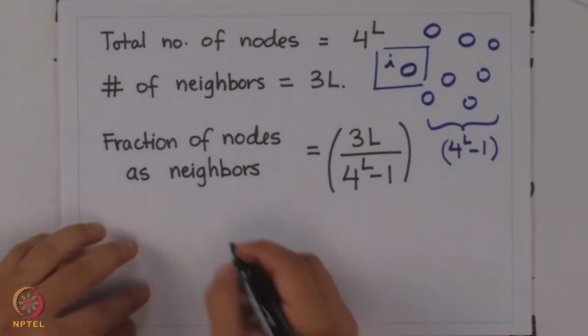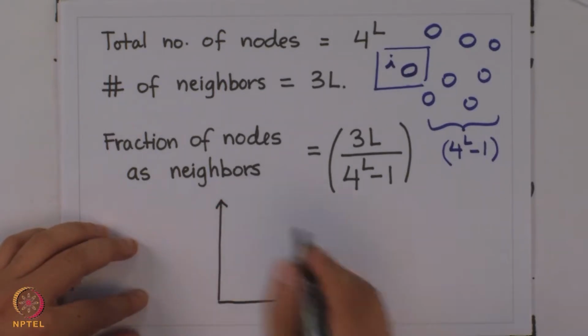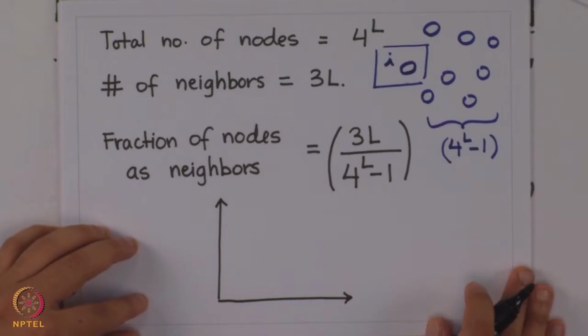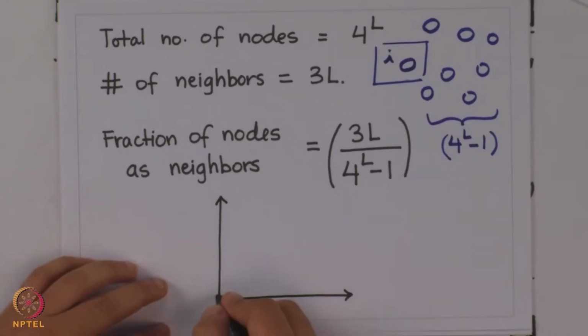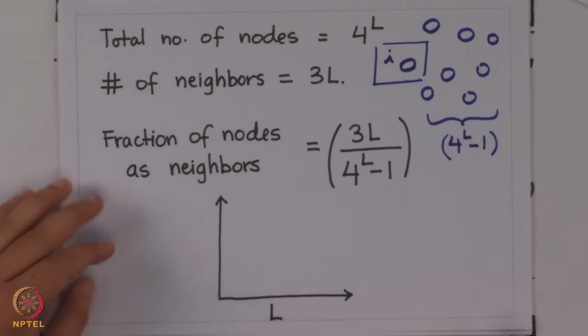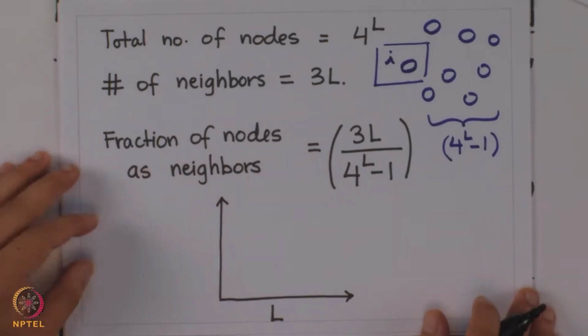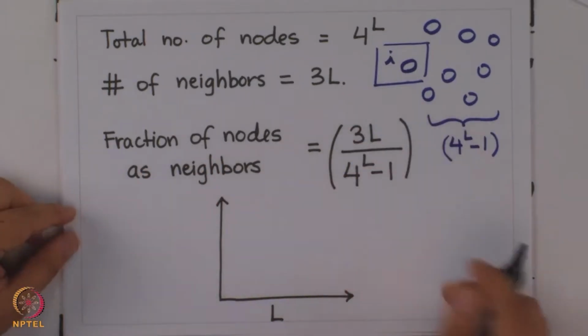And now, what I would like you to do is perhaps pause the video for maybe 30 seconds or so, and then try and plot this graph and see what you expect this behavior to be. As the sequence of the DNA increases, the x axis represents increasing length of the DNA sequence. The y axis is the fraction of nodes as neighbors that every single node in this graph has.